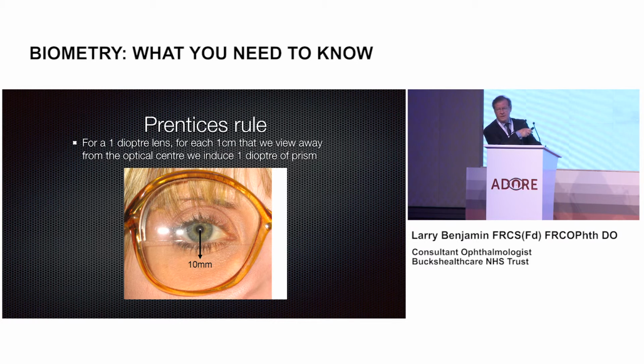But Prentice's rule basically says that if you look downwards through a lens, for every 1 centimetre of displacement, you get a diopter of induced vertical prism.